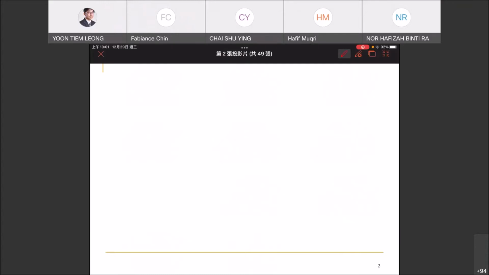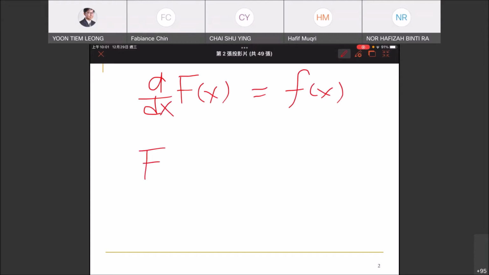So far, what we have done is that we have learned how to perform a derivative. If you have a function F(x), capital F, then when you differentiate it, you get back another function. So in this case, we say that F(x) is an antiderivative for f(x).